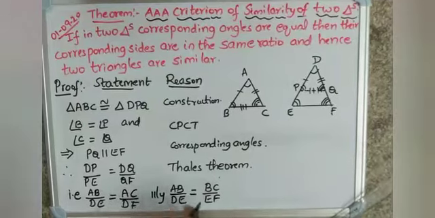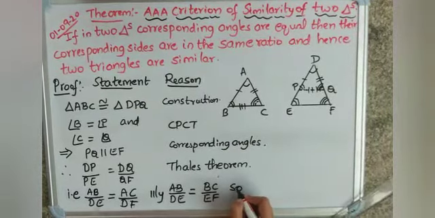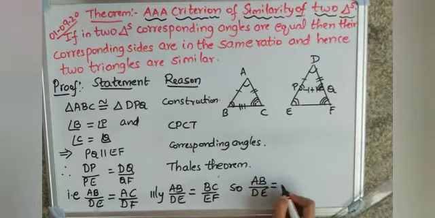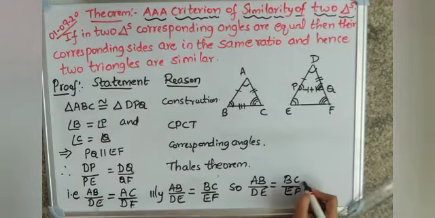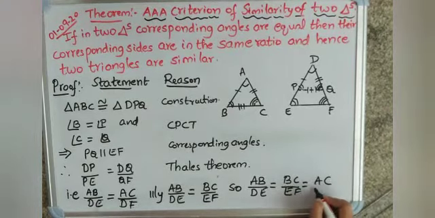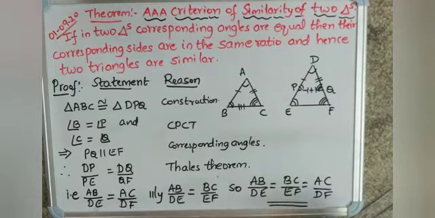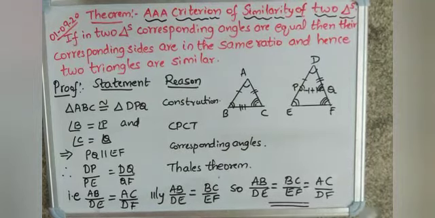Right? So we have proved here AB by DE is equal to BC by EF is equal to AC by DF. So hence we have proved here the given statement.